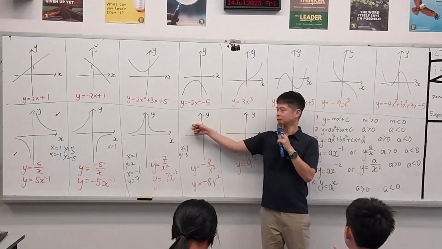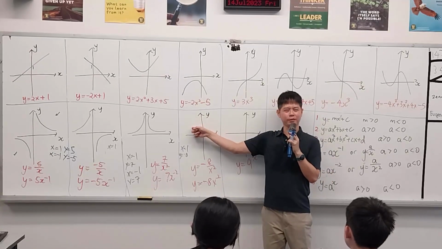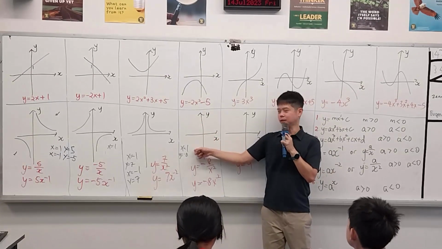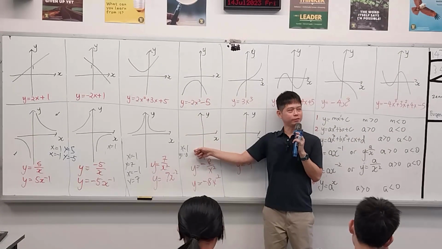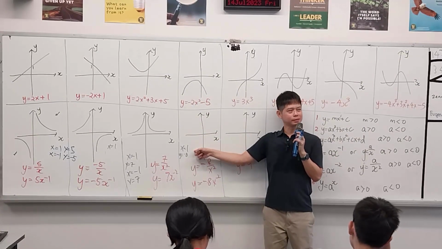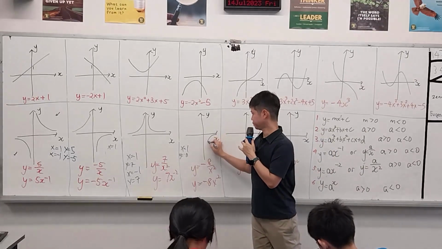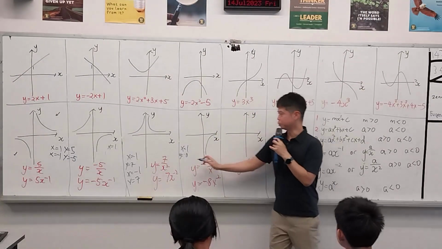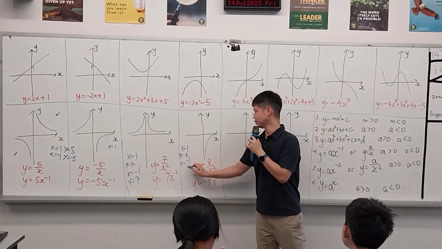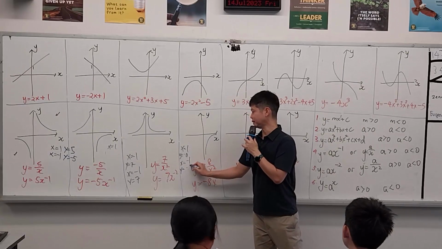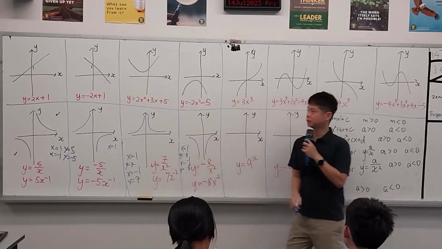No. Is it here? No. Then you draw the curve. And finally, you try x equals to -1, y is still -8, and this is the quadrant.